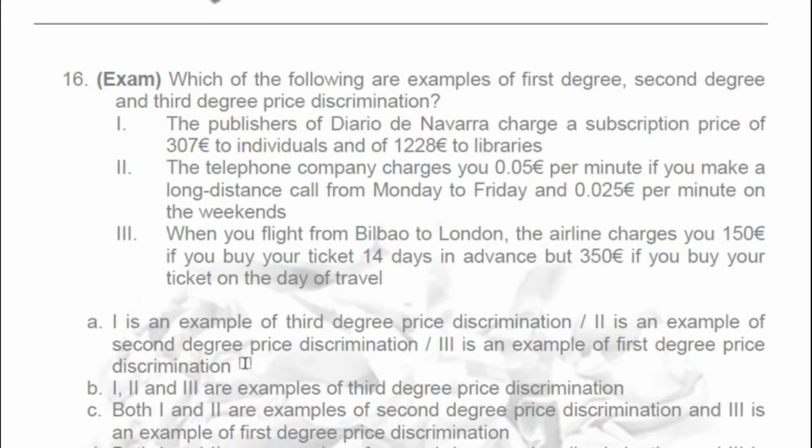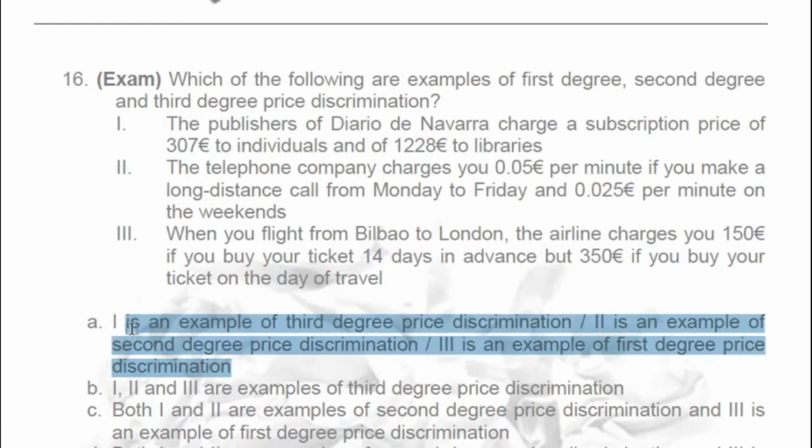We know that first degree price discrimination is impossible to put in place exactly, so we should think about the intention, about whether we are able to approximate it. So I would answer here A.